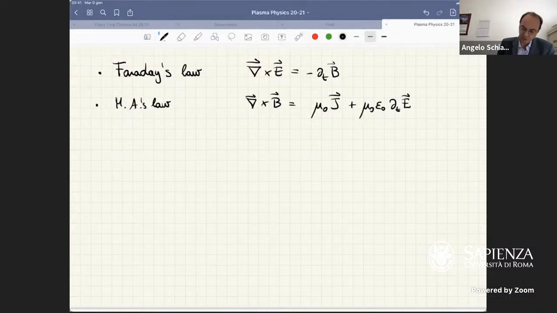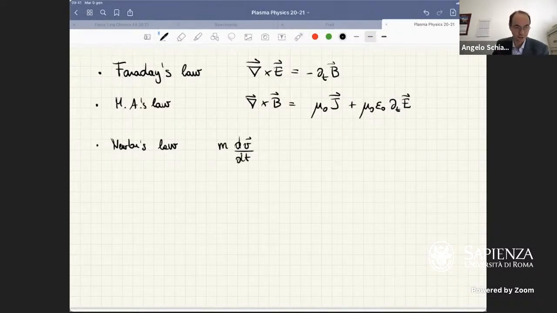And then we are going to use the electron Newton's law, which tells us that the motion of the electrons, the total time derivative of the electron velocity V, equals minus e times E, where we have the Coulomb force due to the electric field.